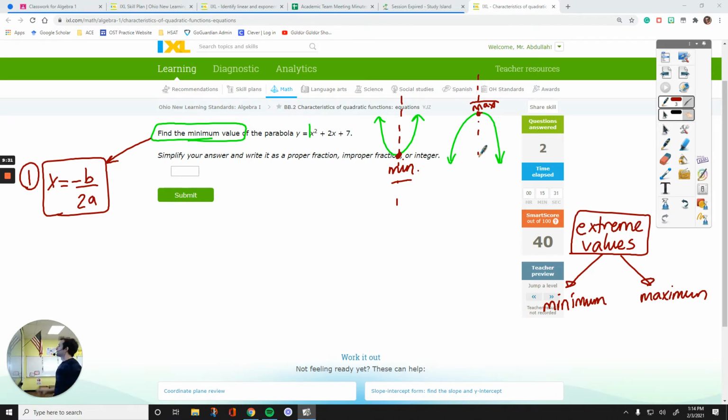Let's get started. So according to this graph over here, the a value equals positive 1, and the b value equals positive 2. These are the ones that I need. Now I can complete my step 1, which is about finding the axis of symmetry.